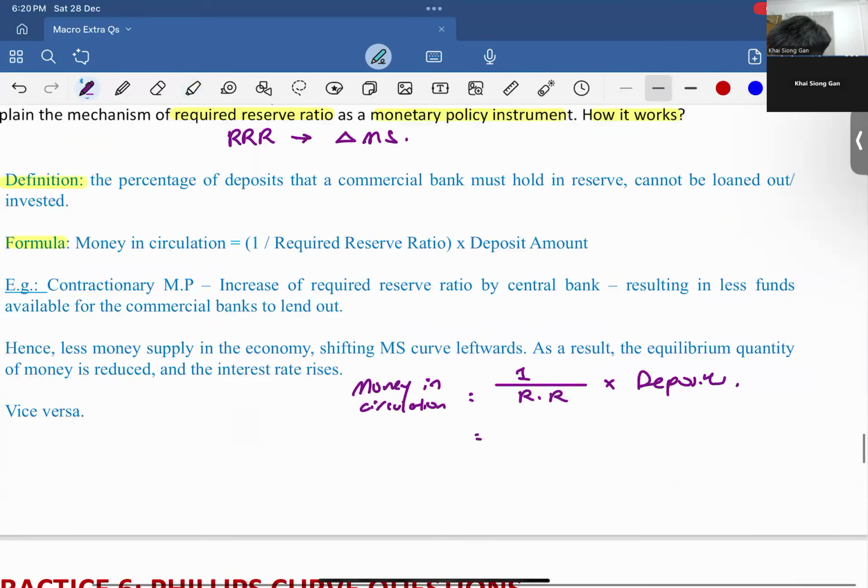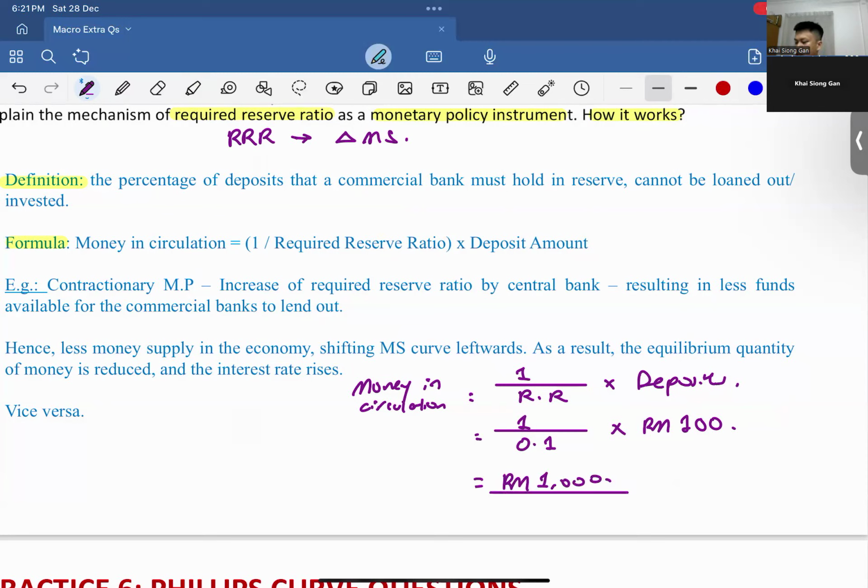For example, if at first the required reserve is 10%, which is 0.1, and the initial $100 is banked in by Mr. A, at the end, how much money can be generated in the economy?